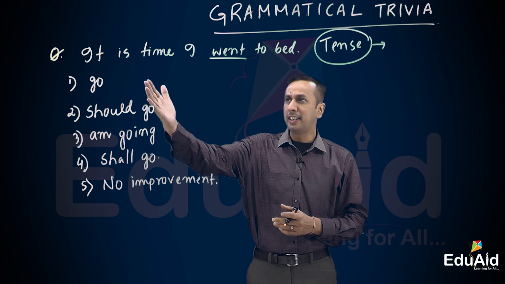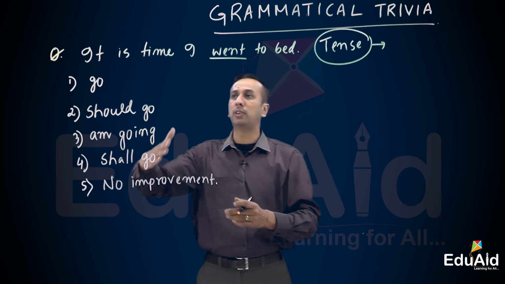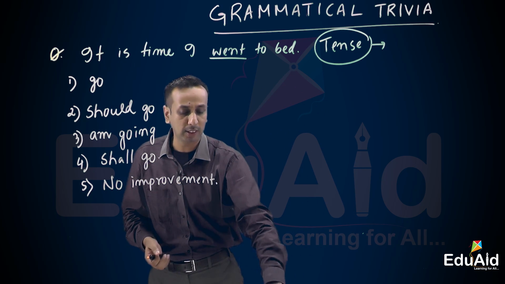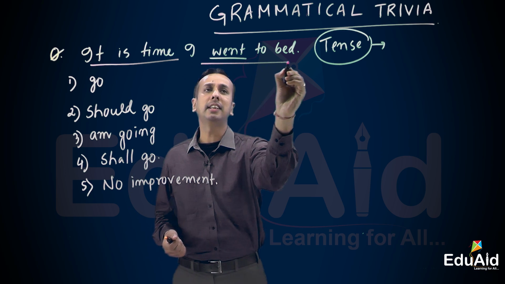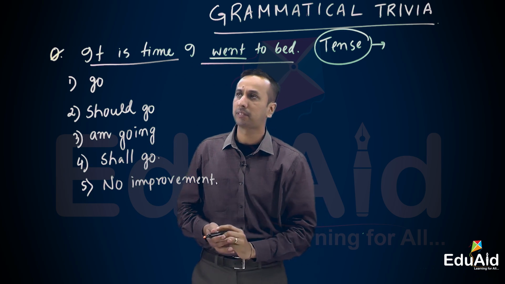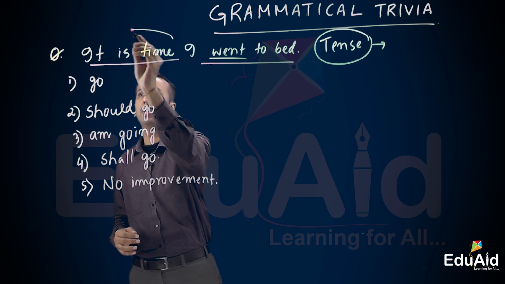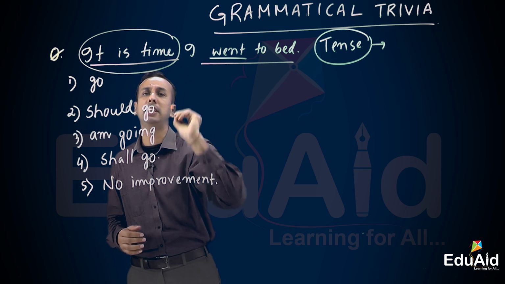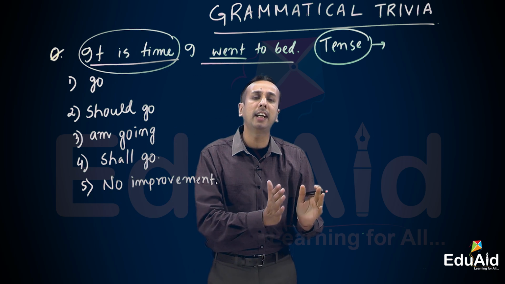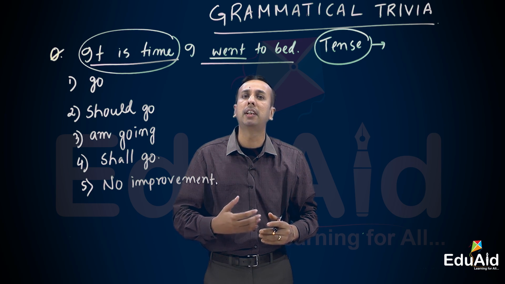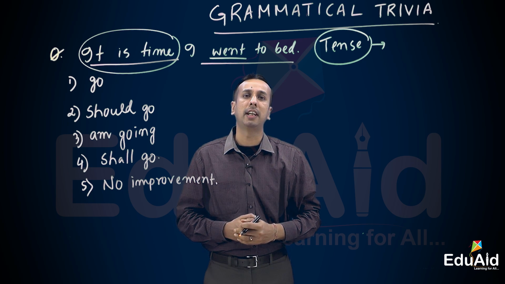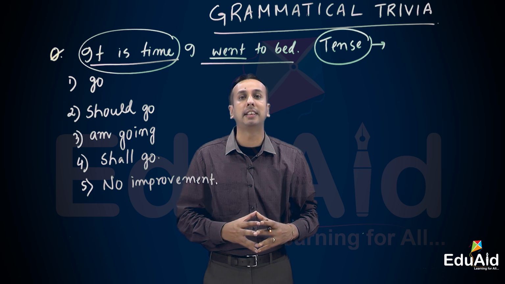Notice that this sentence has two parts. If we divide the sentence into two parts, the first part says "it is time" and the second part says "I went to bed". Reading the first part, we can answer: at what time is this sentence said?